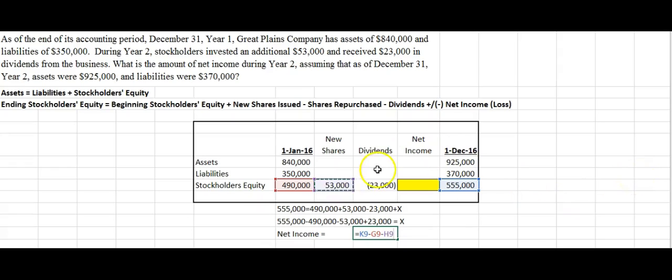This here is negative, so I need to put it as a plus. I'm just going to do two minuses and make a plus. I hope I don't confuse you. But that's plus 23.